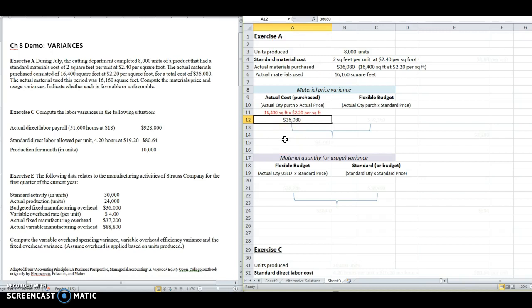For the flexible budget, we want the actual quantity purchased. The actual quantity purchased, if we go up here to our materials purchased, we see that the quantity was 16,400 square feet. So we need that. And we want to multiply it by the standard price. So we're going to go back to look at the standard. And the standard is $2.40 per square foot.